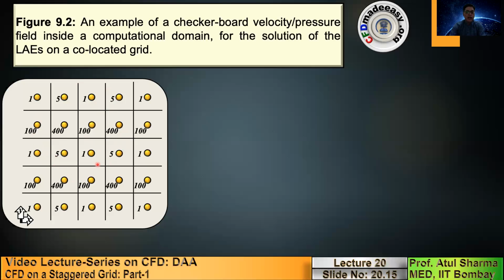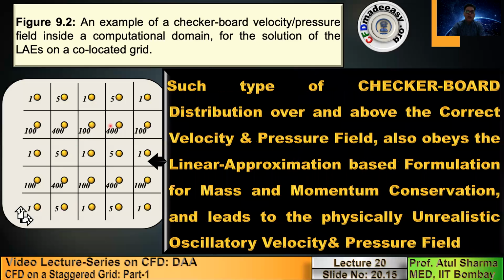So along with the correct pressure distribution, you get this type of oscillatory pressure distribution superimposed. Such a checkerboard distribution is over and above the correct velocity and pressure field. Note that here I have shown you the second part which gets superimposed with the correct one. I am not showing you the correct velocity and pressure field.